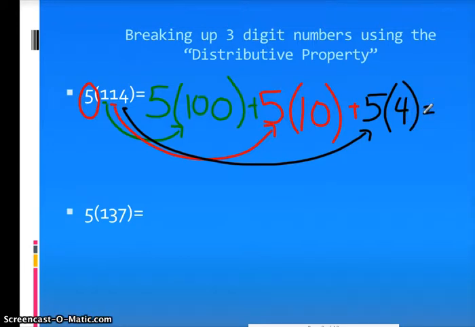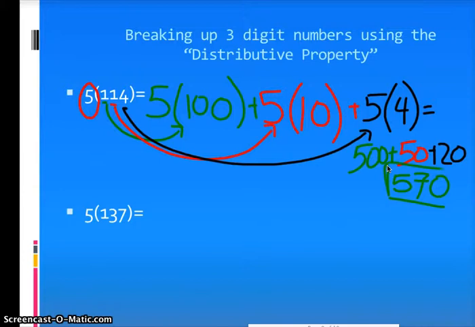That equals, we have 500 for the green, plus 50 for the red, plus 20 for the black. So that equals 570 total. So it's a quick way to get 570 as your answer.